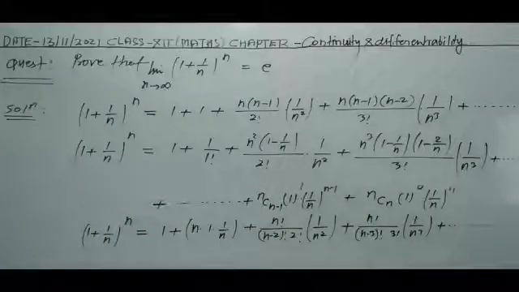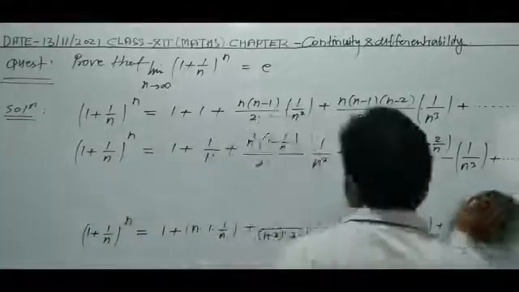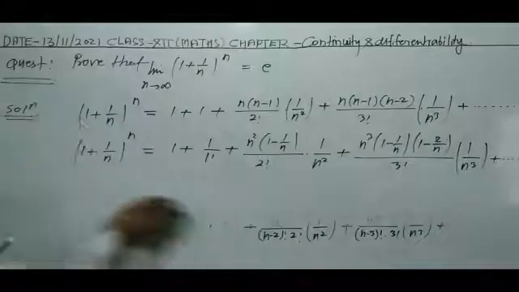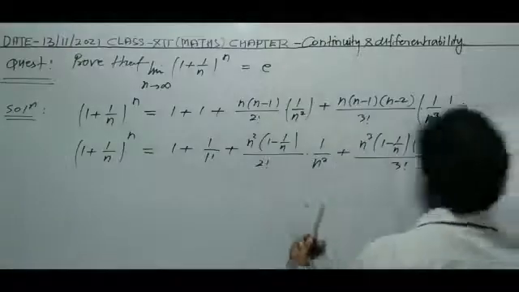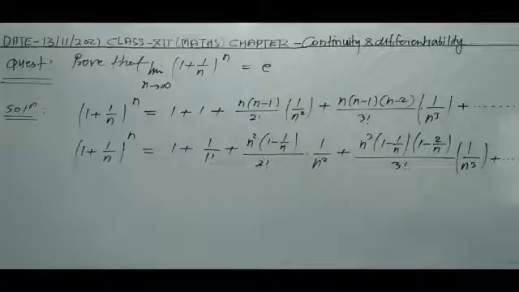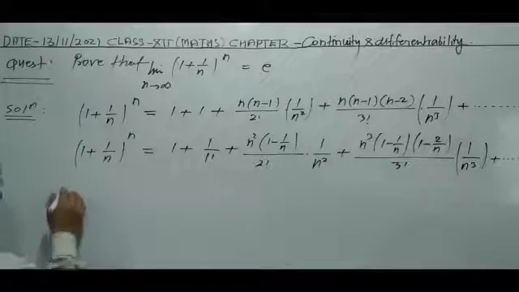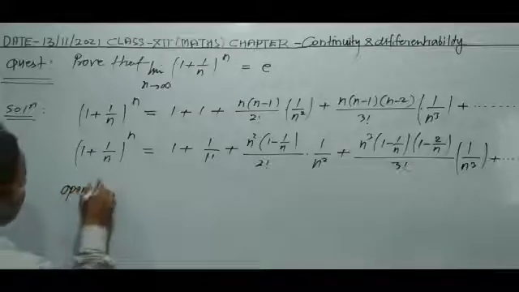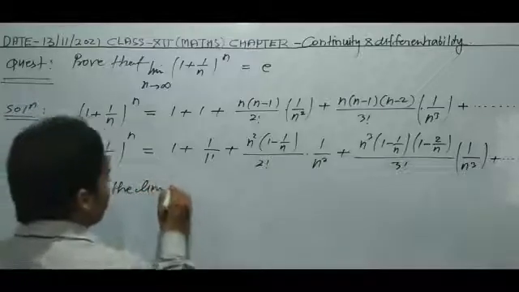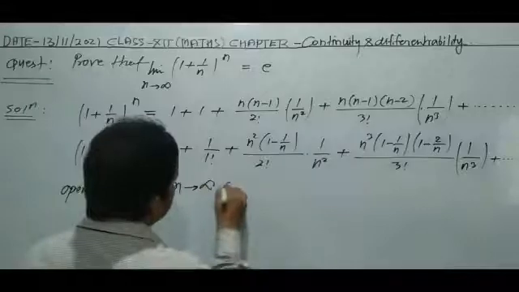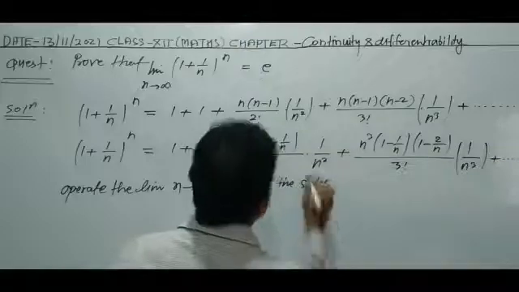So now we have to operate the limit. Since the limit is given, n tends to infinity, operate the limit n tends to infinity on both the sides.